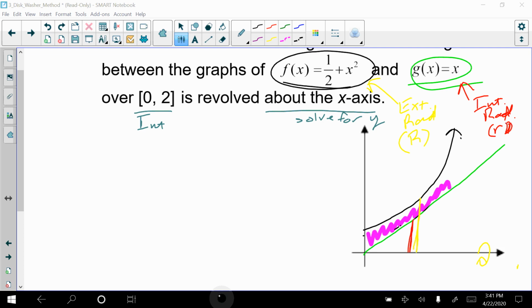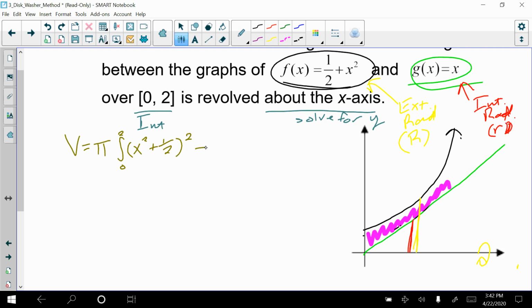So the volume, there we go, in this case is going to be pi times the definite integral from 0 to 2. And the first one that we're going to plug in is going to be the quadratic. And I'm going to rewrite the quadratic in standard form. So I'm going to say x squared plus 1/2. And we have to square that because that's the radius.